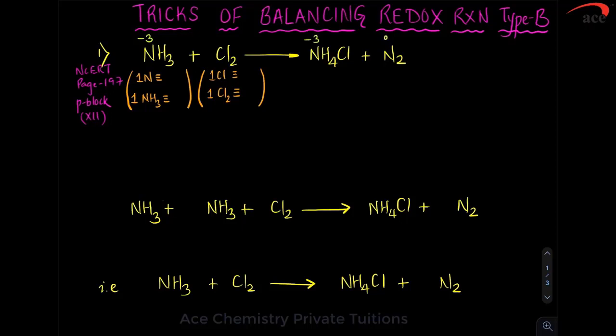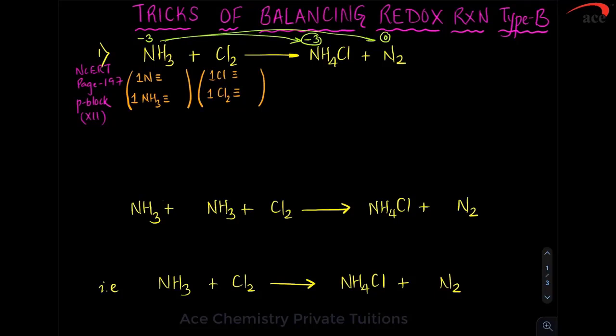That means nitrogen's oxidation state remains the same in one of the products, while at the other place it is changing. When one of the reactants has a product where the oxidation state remains the same in one case and is changing at the other place, that type of question is called type B.